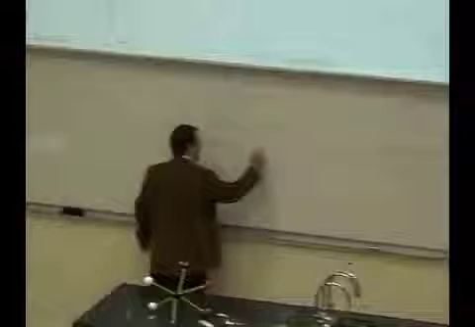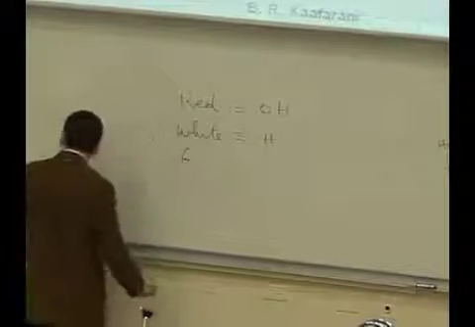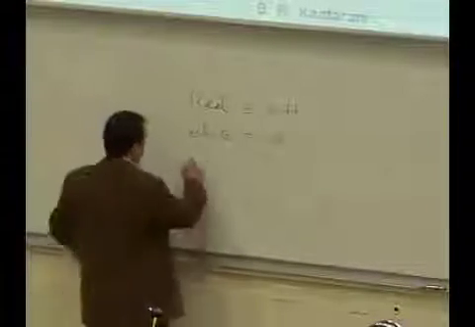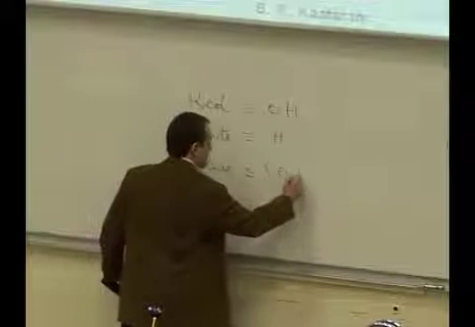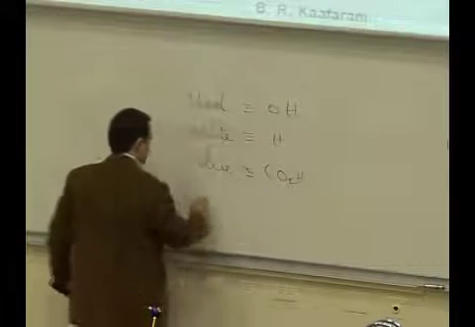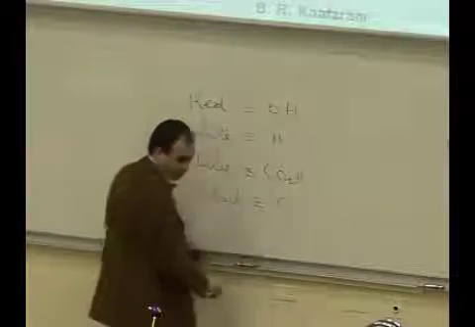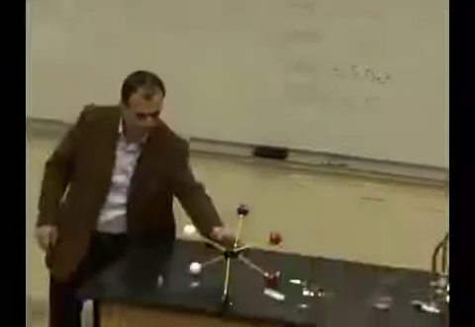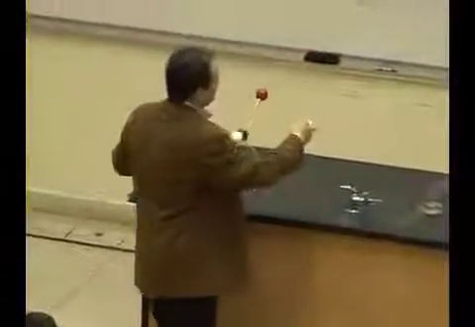The white is a hydrogen. The blue is a CO2H group, and the black is a carbon. Fine? What I just built right here is a model for this one.